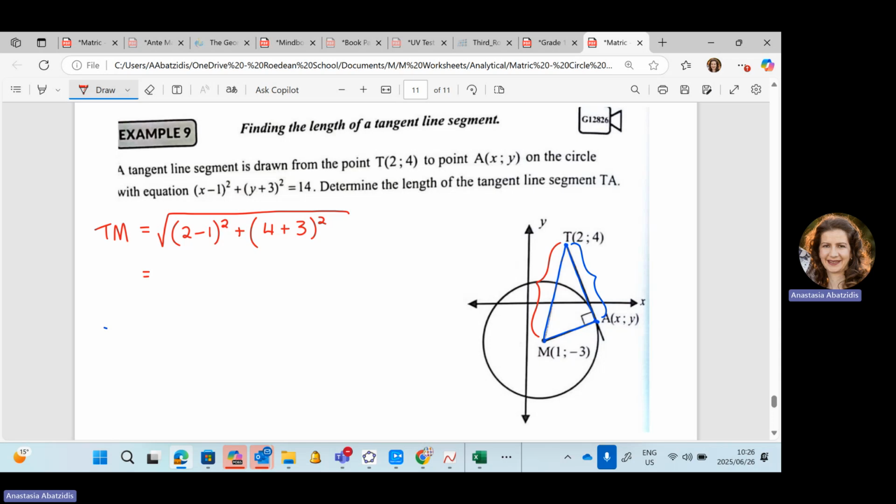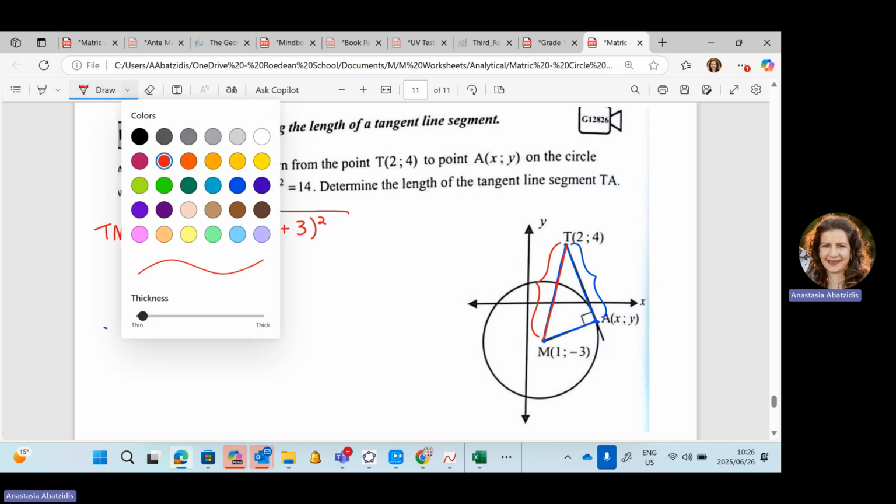Okay, so we've got the length of the hypotenuse.